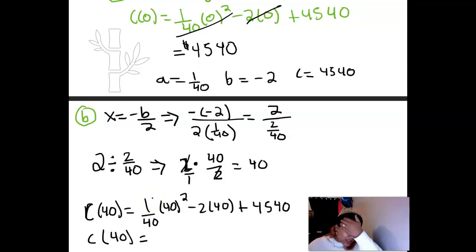And we're going to do one thing at a time. If you have a graphing calculator, you can type the whole thing, but if you don't, you do one step at a time.